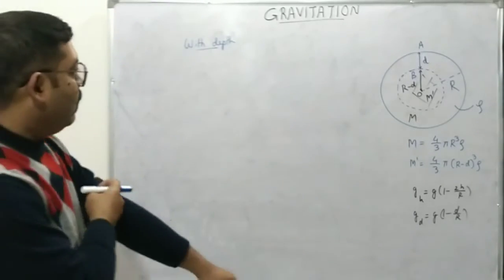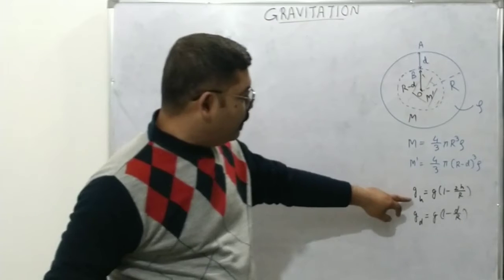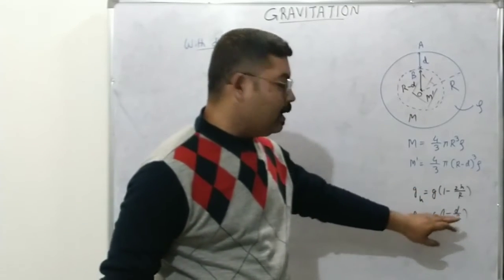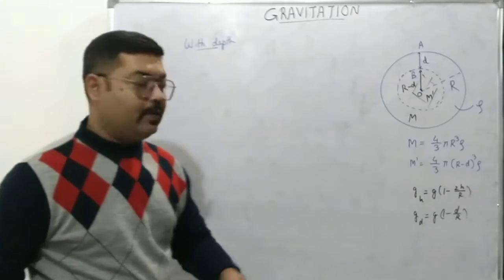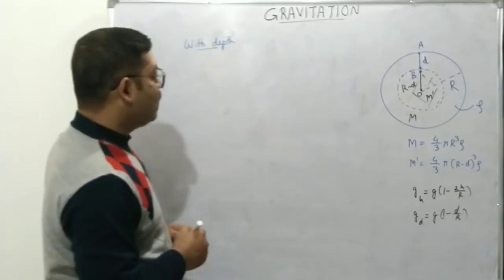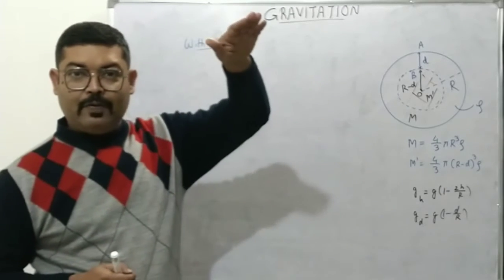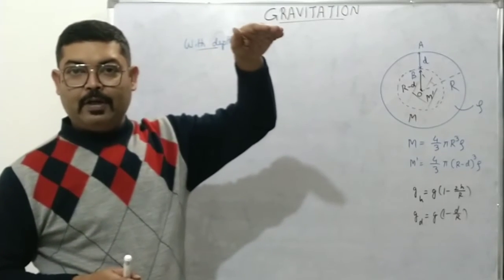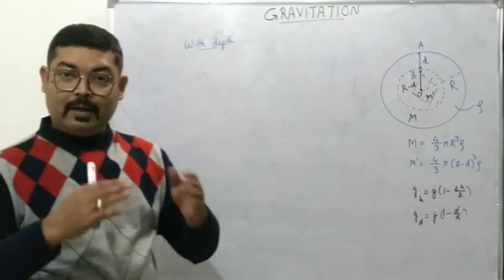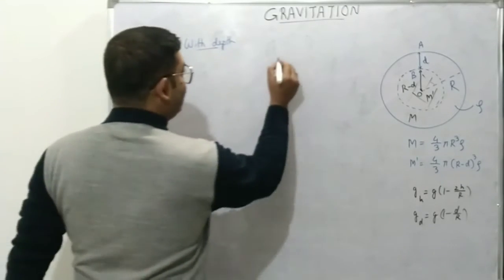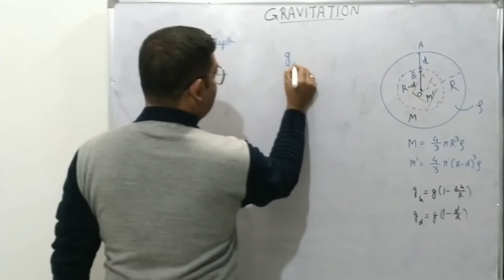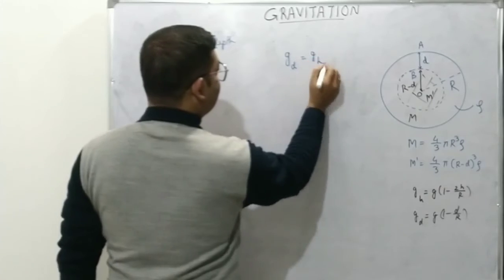Now what we have found is that acceleration due to gravity at a height is given by this equation, and acceleration due to gravity at a depth inside the Earth's surface is given by this equation. Now naturally a question arises: at what height above the Earth's surface is acceleration due to gravity equal to acceleration due to gravity at a particular depth? Which means that we want to find for what values of h and d, g_d is equal to g_h.